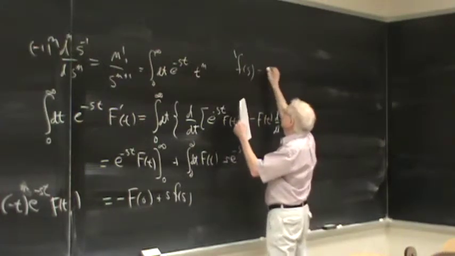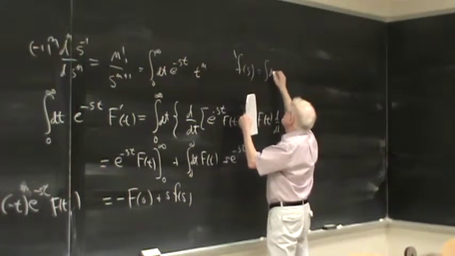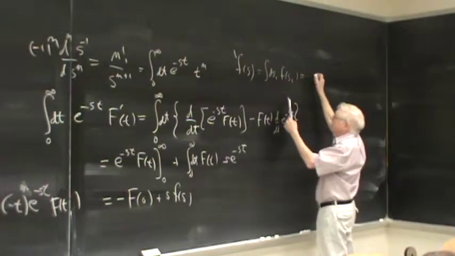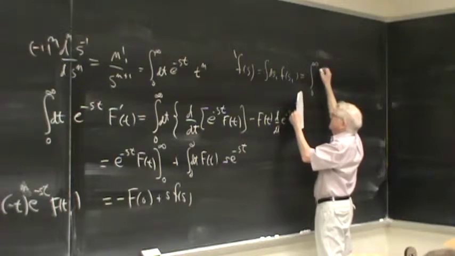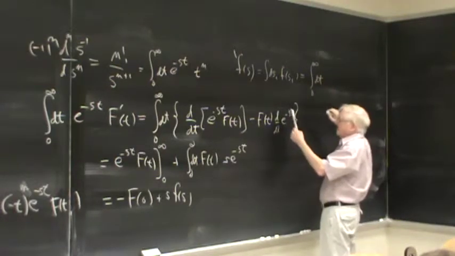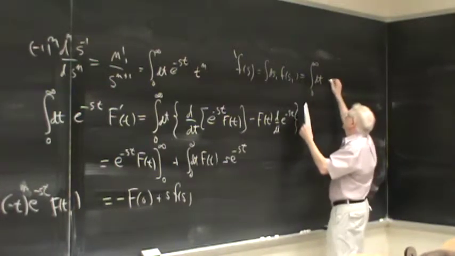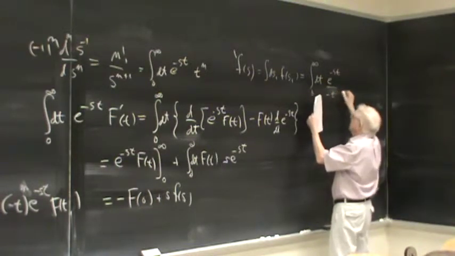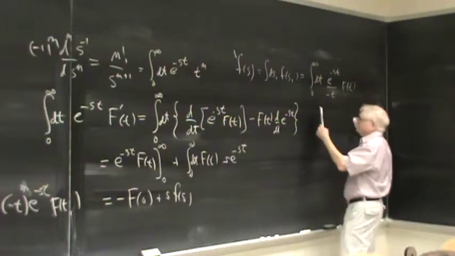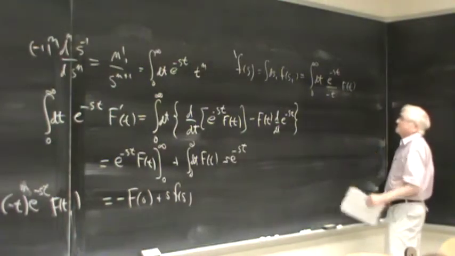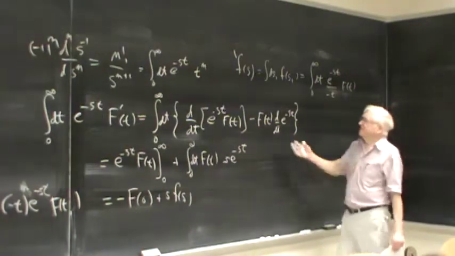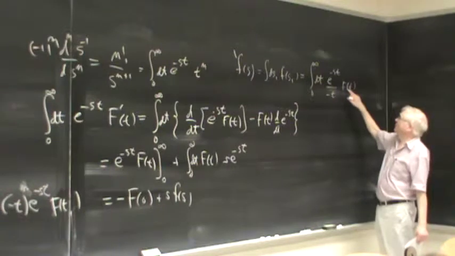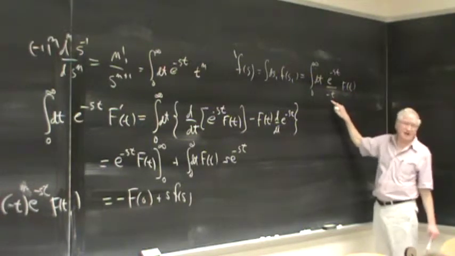That's the indefinite integral, so that's integral ds1 F of s1, and this then is integral 0 to infinity dt, and so we integrate e to the minus st indefinitely, we get e to the minus st over minus t times f of t. And so that means that the indefinite integral of the Laplace transform is the Laplace transform of the function f divided by minus t.